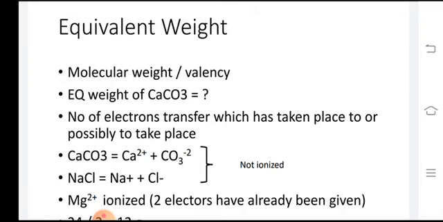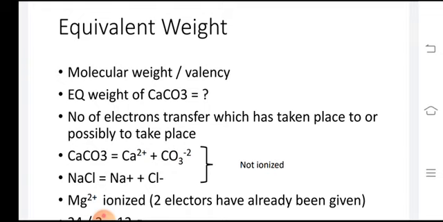So earlier we studied molecular weight, then number of moles, and now equivalent weight, another very important term, because we normally use it in our analytical testing of water quality, particularly when we are dealing with hardness and alkalinity, and then we need to express the results in equivalents, in the form of equivalent weight.